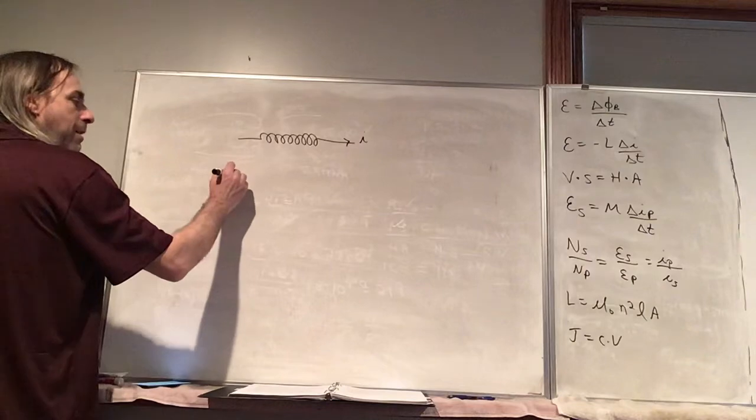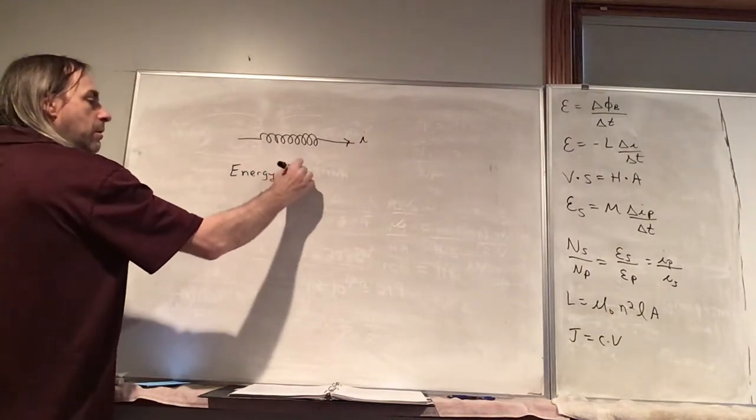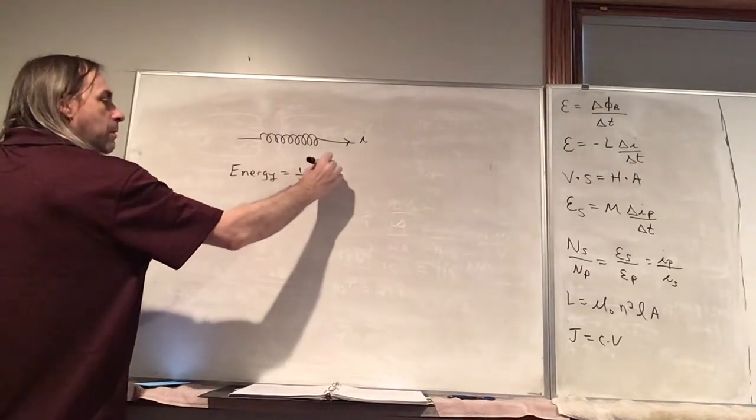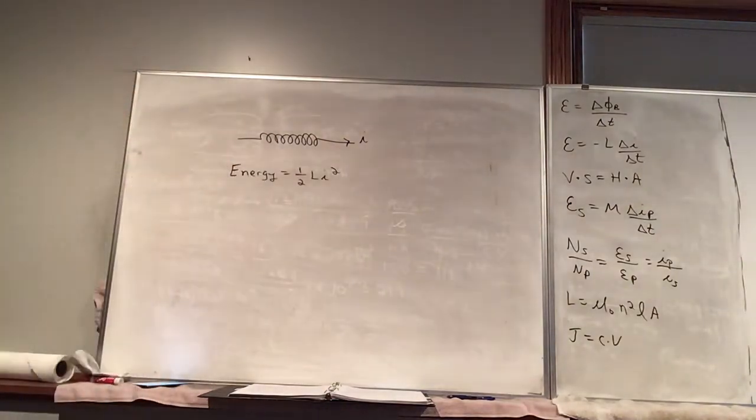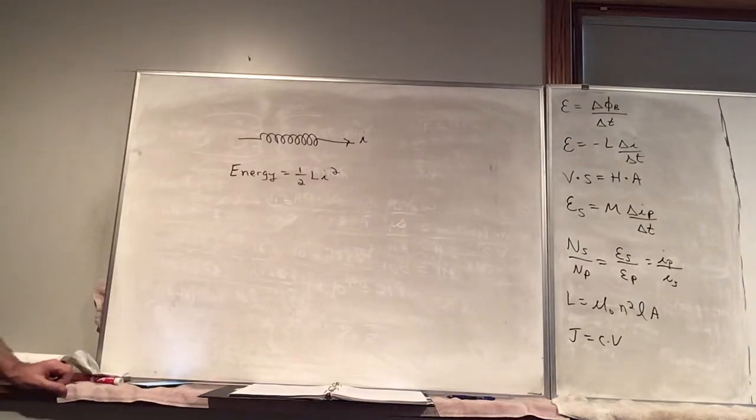And the energy, I'm going to write out the word energy, so probably not likely to mistake it for electric field, but in some cases we could. So, 1/2 L i squared would be the total energy that it takes to build up a current in a solenoid, and we interpret that energy as being stored in the solenoid.